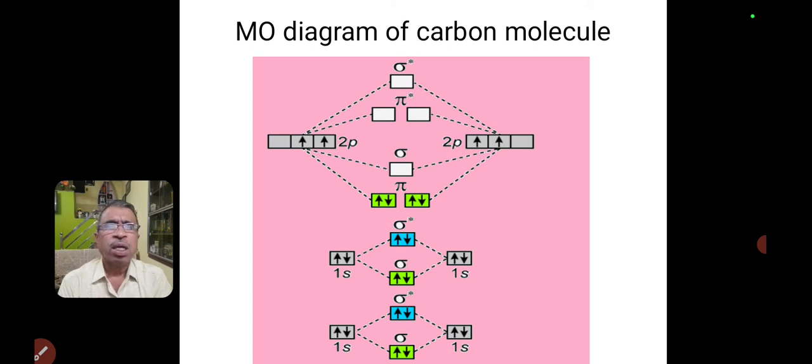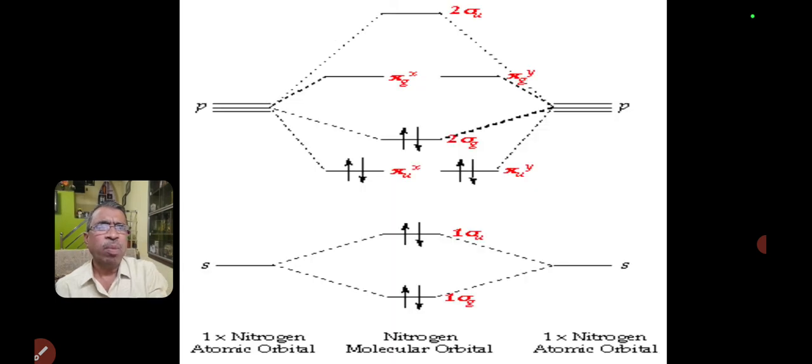So this is the molecular orbital diagram for the carbon molecule, and this is the molecular orbital diagram for the nitrogen molecule. Students, you must be able to draw these structures.